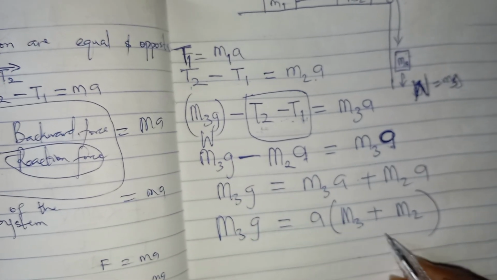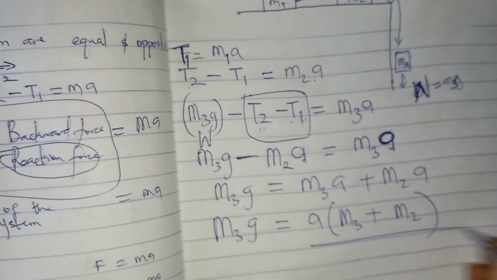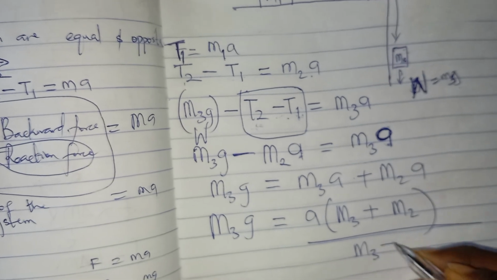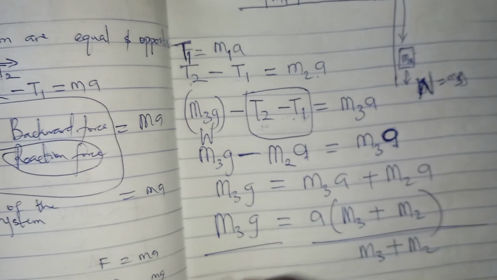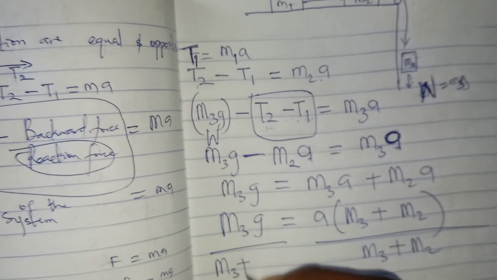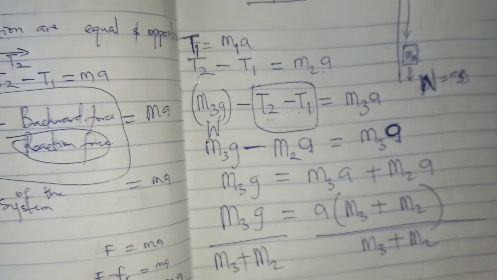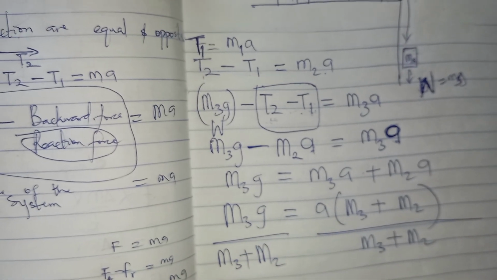So I can say, to make A the subject of the formula, divide both sides by the coefficient, which is M3 plus M2, all over M3 plus M2. Are you seeing it?